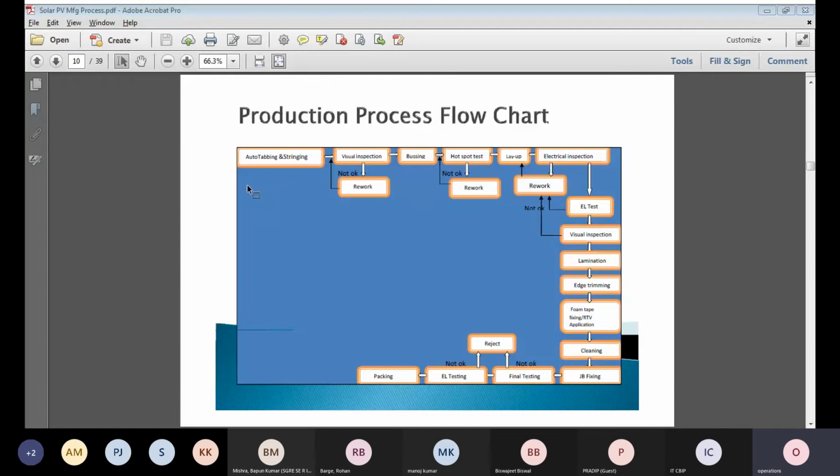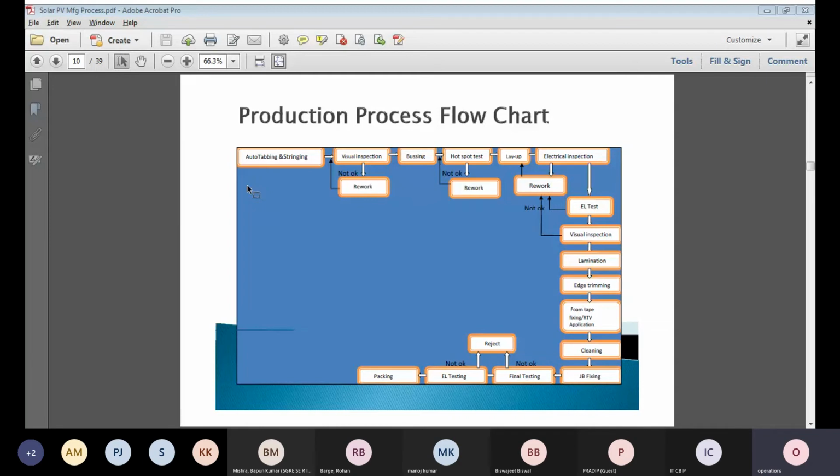Then again visual inspection, then lamination. In lamination it becomes a single layer, and after lamination we trim the excess edge materials. Then framing and cleaning, junction box testing and final testing, again EL testing and packing. This is the sequence of the production process.